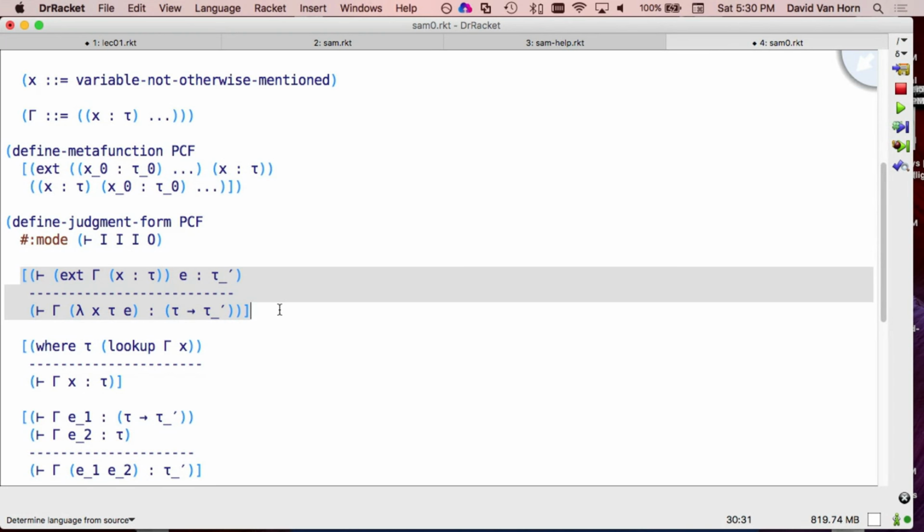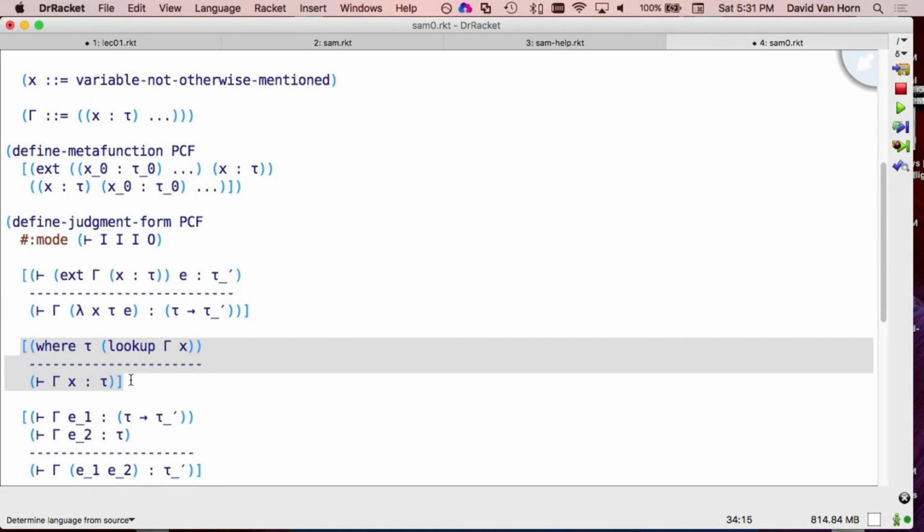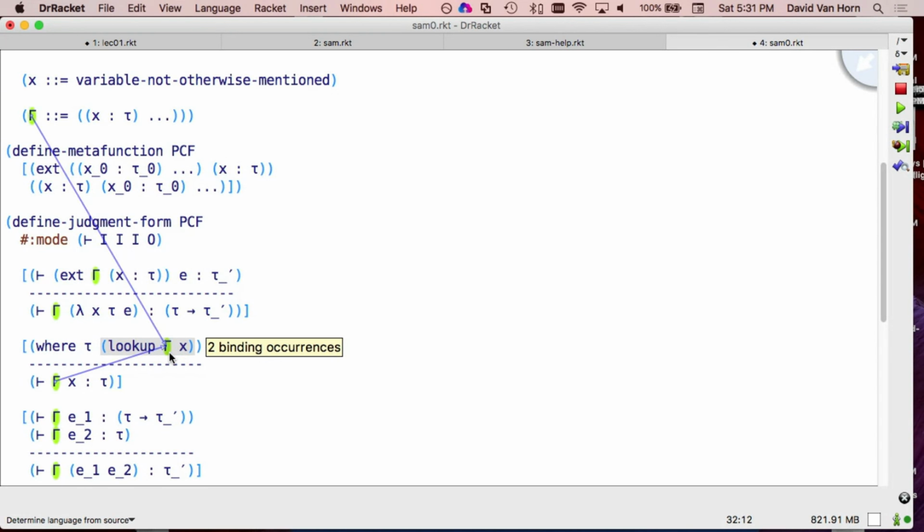The next one is typing a variable occurrence in my language. This is a place where the type judgment bottoms out. It doesn't make a recursive call to the typing judgment, but it has a side condition: x has type tau if, when you look up x in gamma, you get back a type tau.